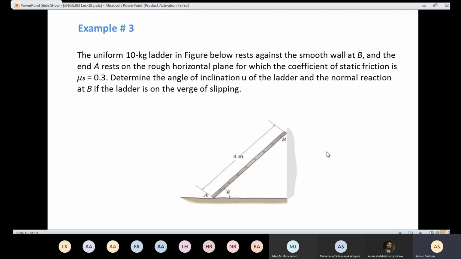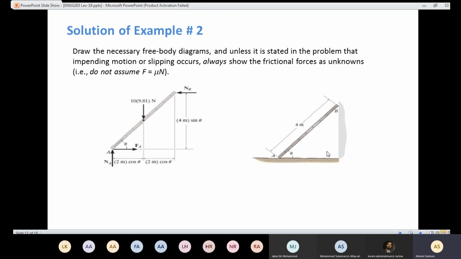So in order to solve that question, first we need to draw the free body diagram. Regarding the weight of the ladder, we are going to put 10, the mass, times 9.81, and the point of application is going to be at the middle of the ladder. And here at the point B, they said that the surface is smooth, which means that we don't have any friction.